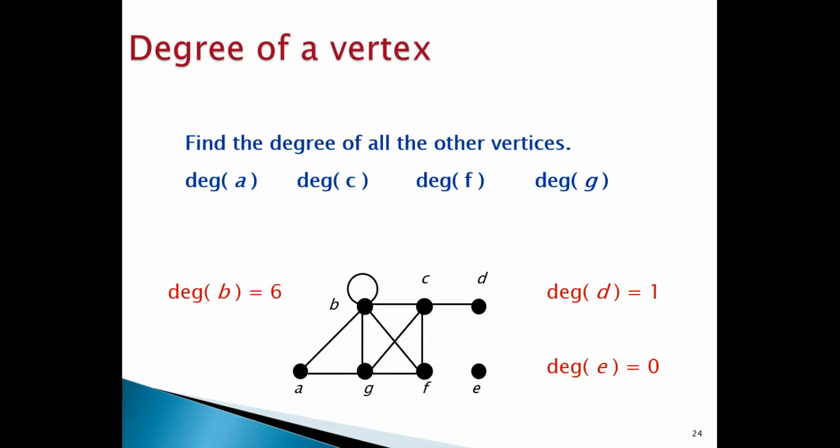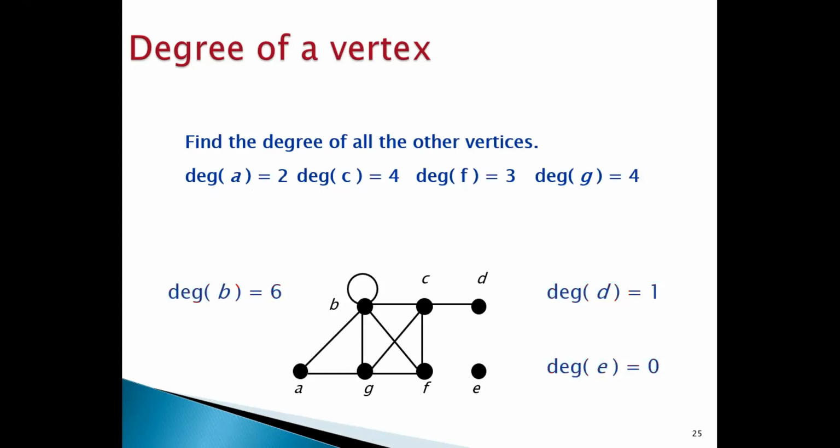Then C, 4. Okay. For node F, 3. Okay. Then G, 4. Okay. So I hope you have cleared regarding the degrees.